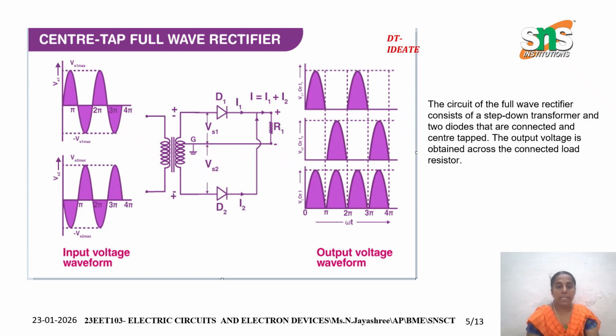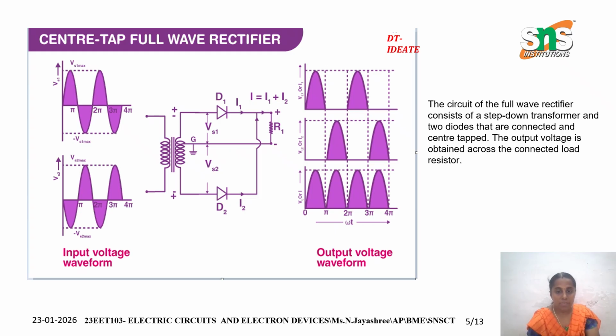Here the primary winding and secondary winding are both equal. These windings and coils are equally distributed. This is the input waveform, the sine wave on the left-hand side, and on the right-hand side is the full wave rectifier output. Diode D1 conducts one half cycle, and diode D2 conducts the second half cycle.